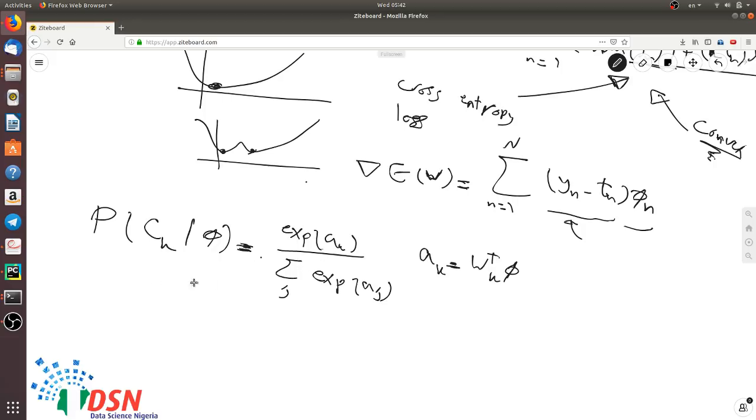You could see this as you have some output. If you have n classes, then you have 1 to n outputs. Then for estimating that, let's say these are input features, phi 1 to phi m maybe.